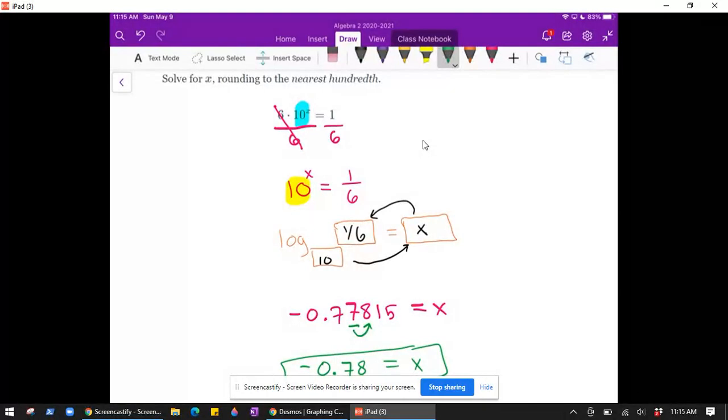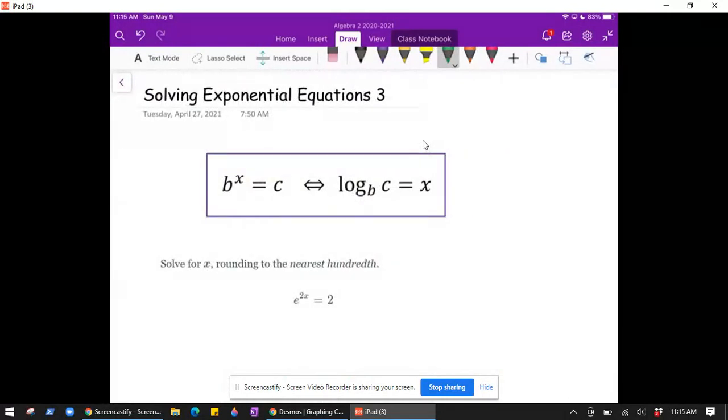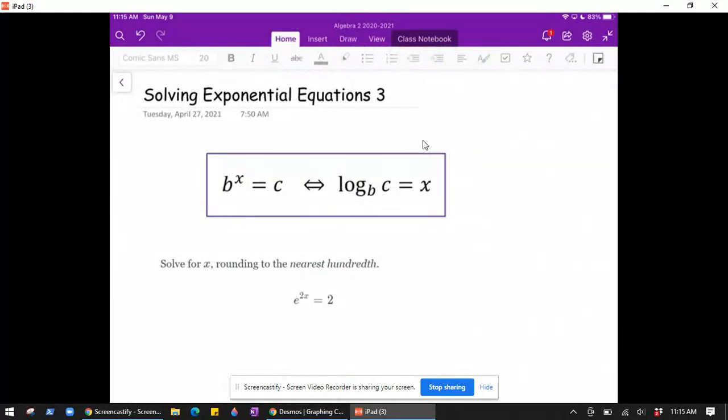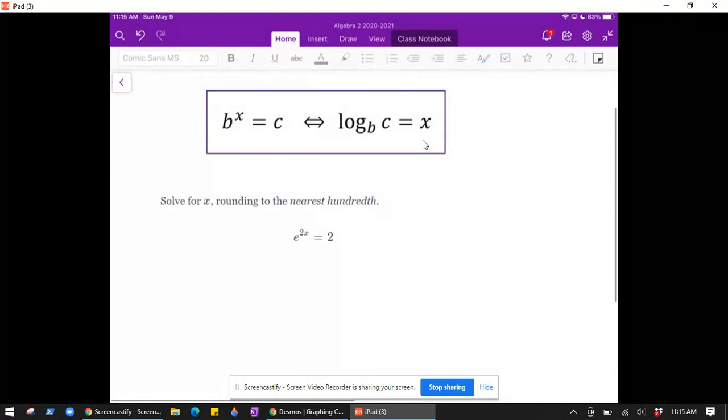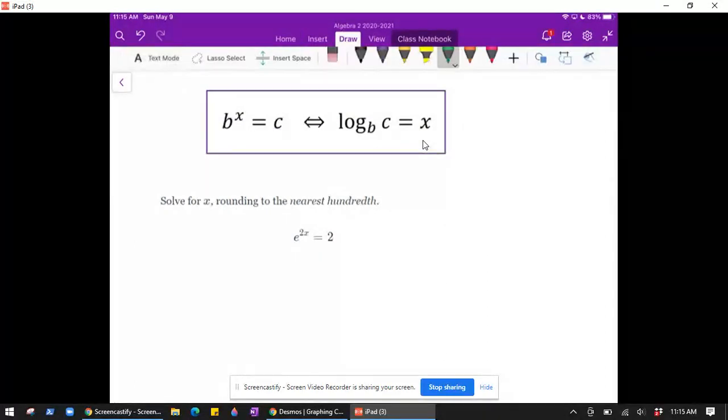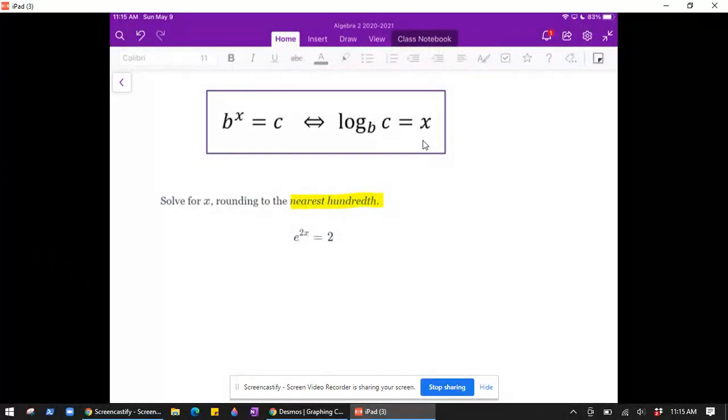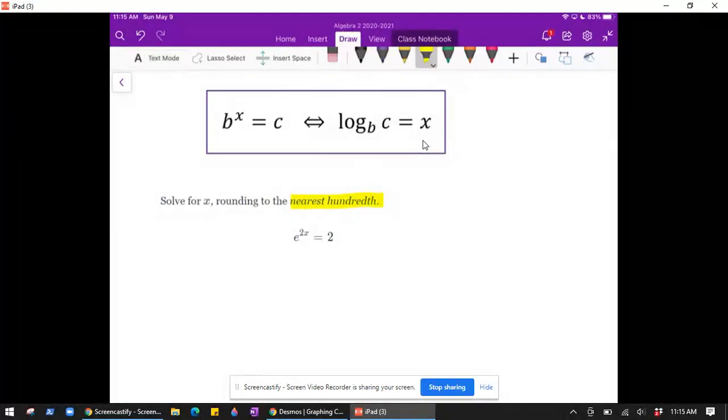All right, let's move to one even a little more complicated. So this equation says e to the 2x is equal to 2. And again, I'm rounding to hundredths when I get my final answer. Notice this time I don't have a number in front.